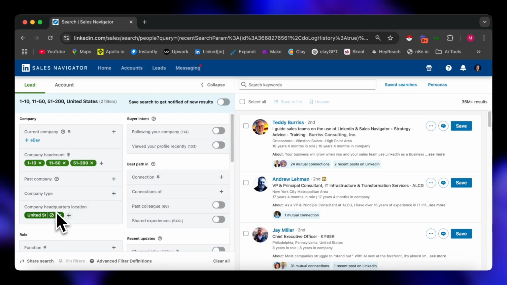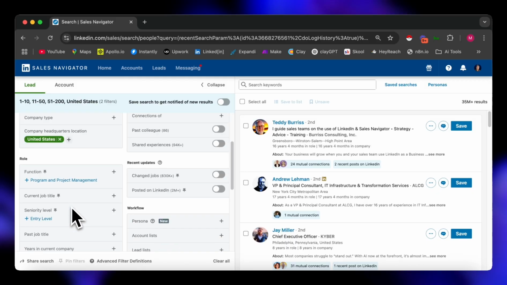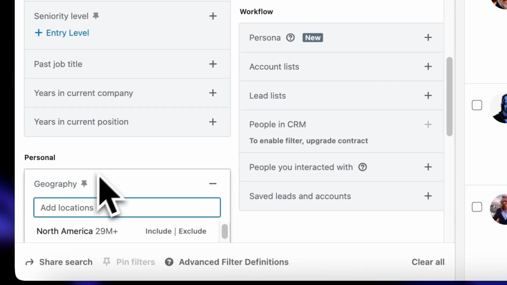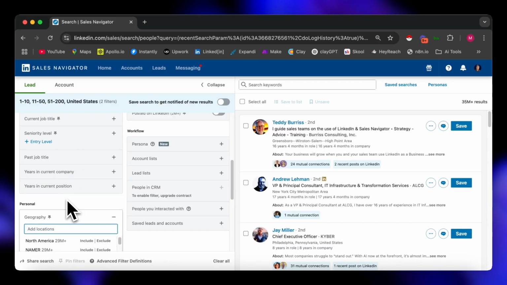While we are talking about the headquartered location, I'd like to scroll on down to the personal attribute of where the person is located. So obviously, a lot of companies hire remote workers. But if you want decision makers, or if you're looking for someone who is maybe in a C-suite, they're arguably walking into a building throughout the week.